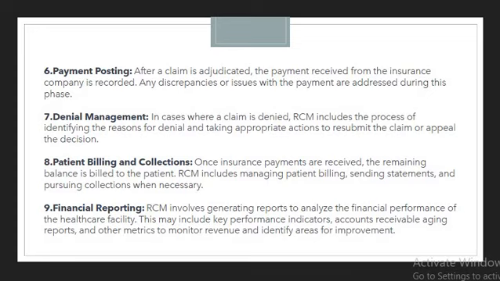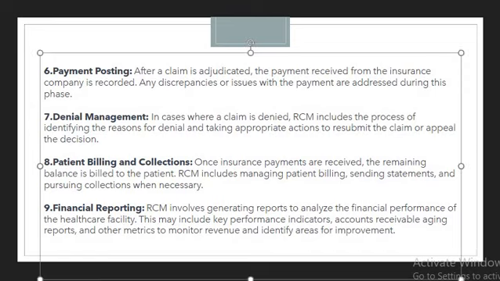Okay, then we have another point, which is denial management, and this is a very important point because in case a claim is denied, RCM includes the process of identifying the reason for denial and taking appropriate action to resubmit the claim or to appeal the decision. There might be some situations where the claim is denied.